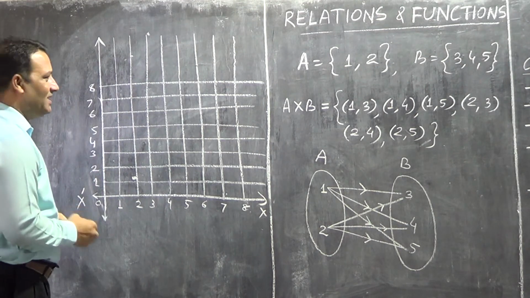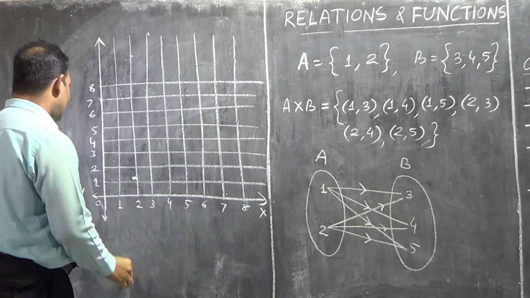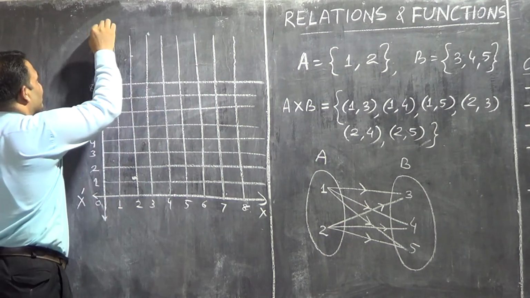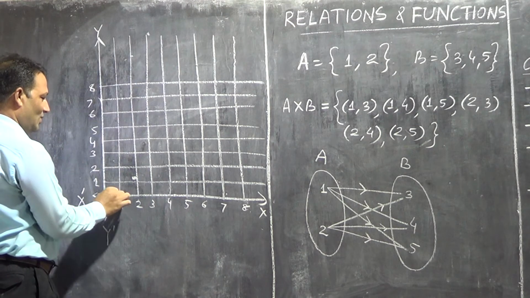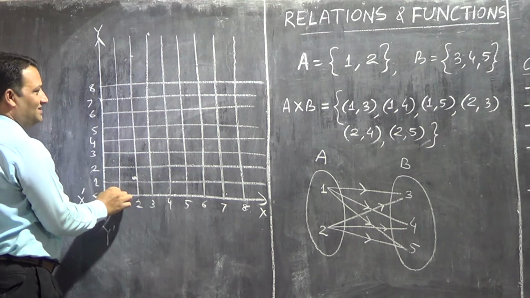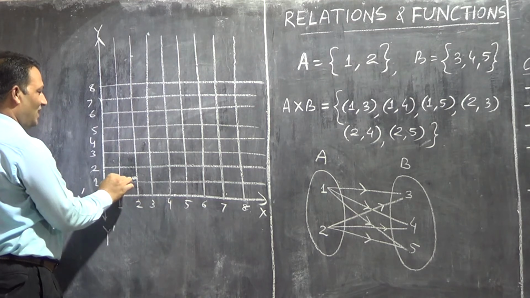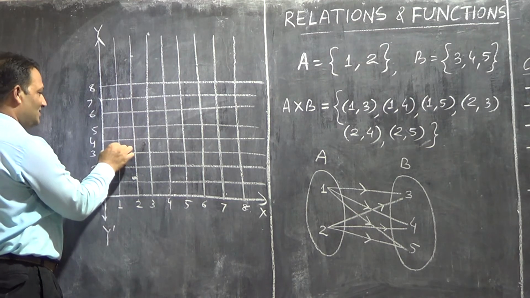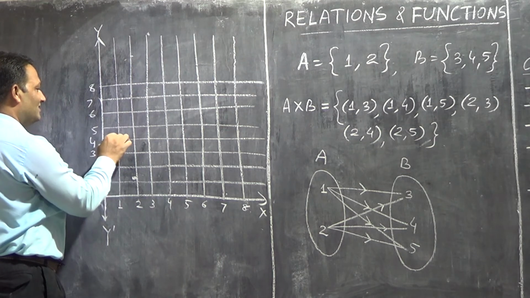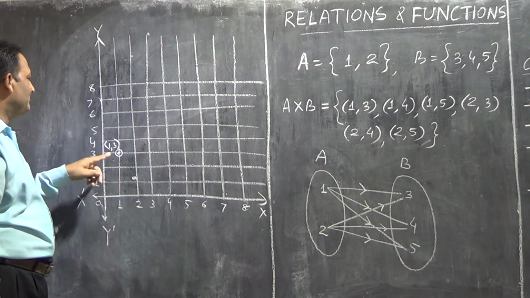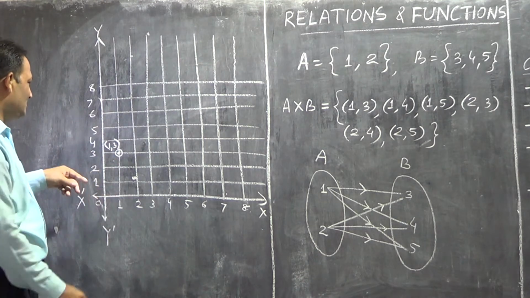Now we can see the first ordered pair is 1, 3 here. So on the x-axis, you can go 1 unit, then 3 units along the y-axis. So 1, 2, 3. This point represents 1, 3. Then 1, 4.